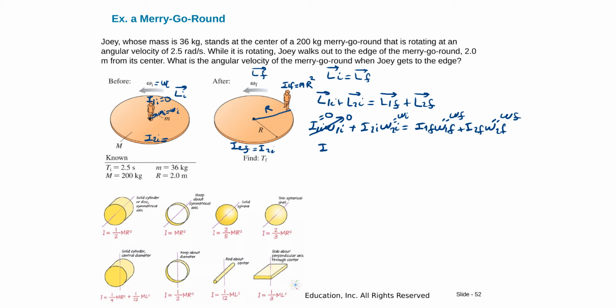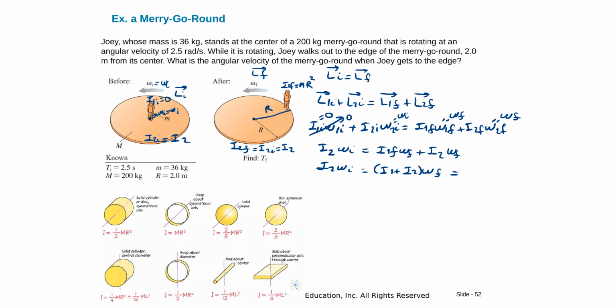Let's call these I2 because they are also the same. So I2 omega initial is equal to I1 final omega final plus I2 omega final. We can rearrange this, take omega final out in parentheses: I2 omega initial is equal to I1 plus I2 times omega final.